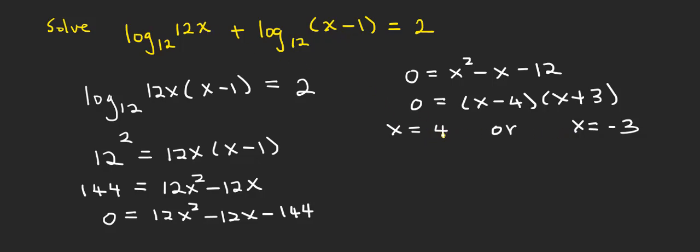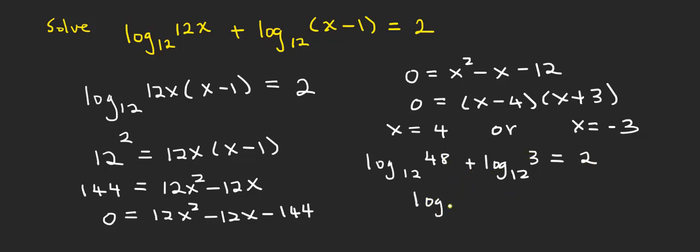Let's check x equals 4. You get log base 12 of 4 times 12, which is 48, plus log base 12 of 4 minus 1, which is 3. Is that equal to 2? Well, let's see. You're adding, so you could multiply 48 and 3.